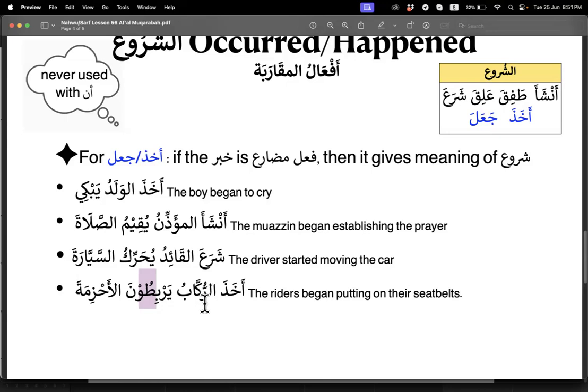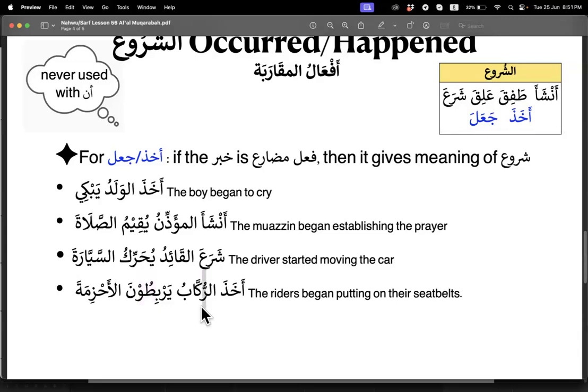Same thing. Raqib, raqibuna, rukkab. Same exact wazan, but it has taken salim because it is akil. No, this is considered broken plural.